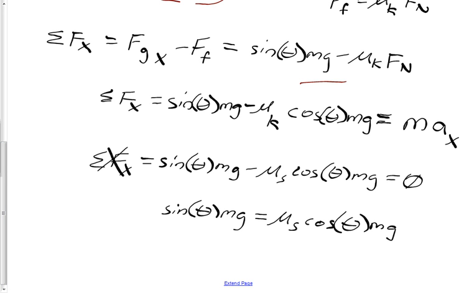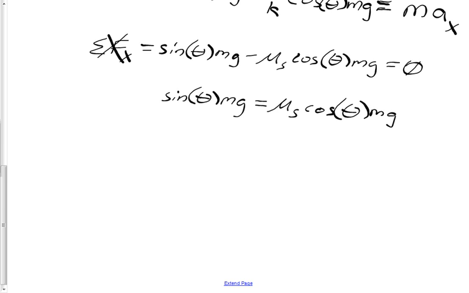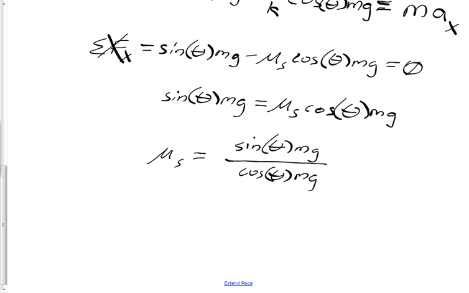Now, I'm going to divide each side by cosine theta mg. I'm going to solve for the coefficient. So, in fact, I can say that the static coefficient of friction is equal to sine theta mg divided by cosine theta mg, which is equal to what?